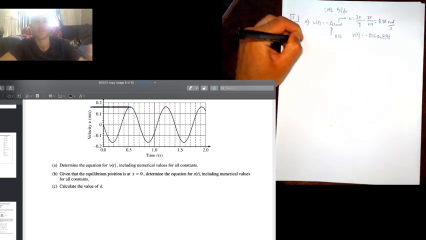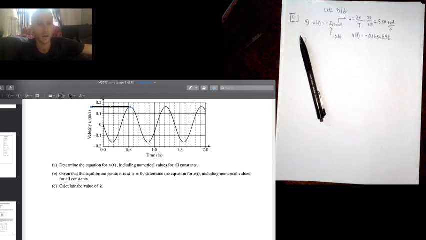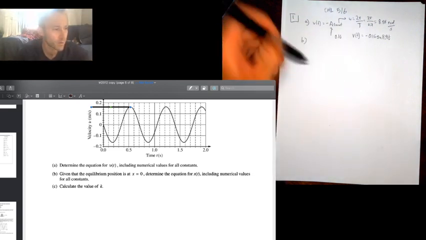Part B. Given that the equilibrium position is at x equals 0, determine the equation for x of t, including numerical values for all constants. So I want to integrate that.